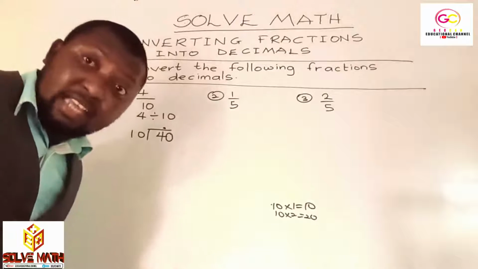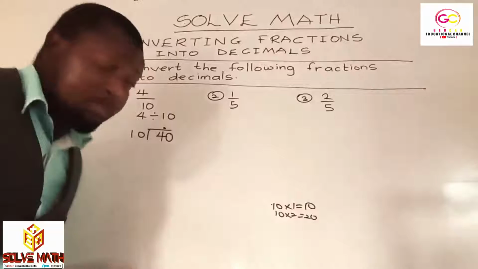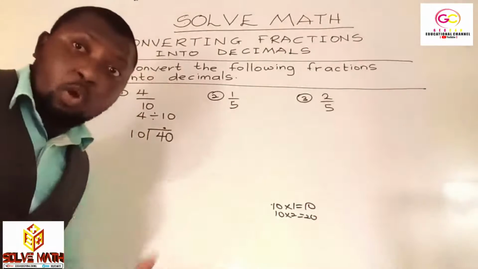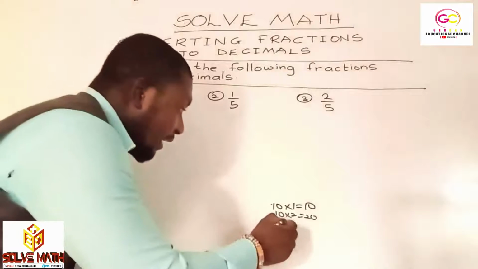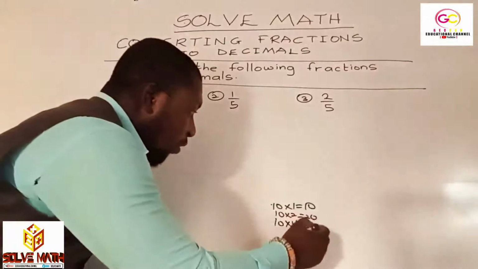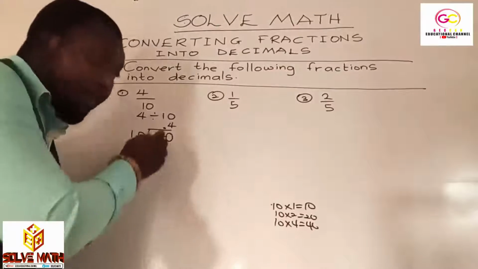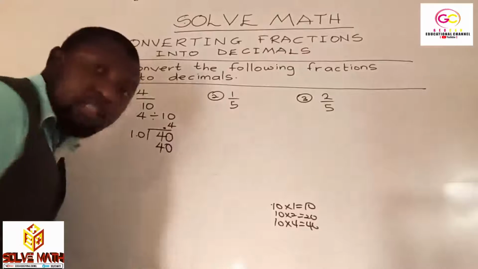Good. Now, let's start our 10 times table. 10 will fill 40 how many times? It's no longer 4, it's 40. 10 times what will give us 40? 10 times 4 is 40. Look at where I write my 4, on top of this 0, and write your 40.